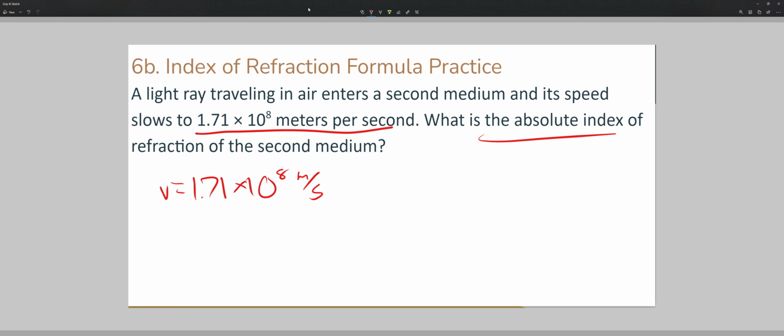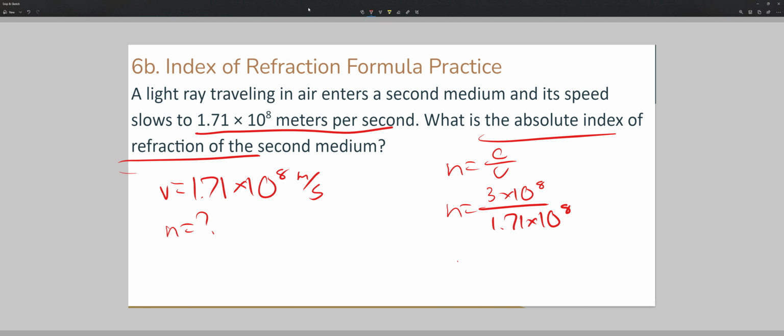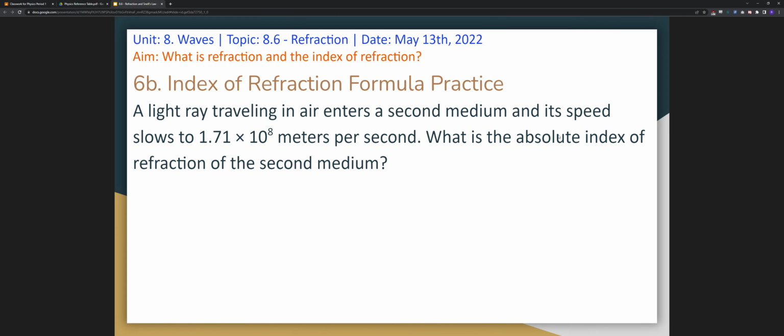What is the absolute index of refraction of the second medium? You're going to use n equals c over v. The speed of light is 3 times 10 to the 8. v is 1.71 times 10 to the 8. So n is something you can calculate yourself. I'm not going to do that. And that's it.